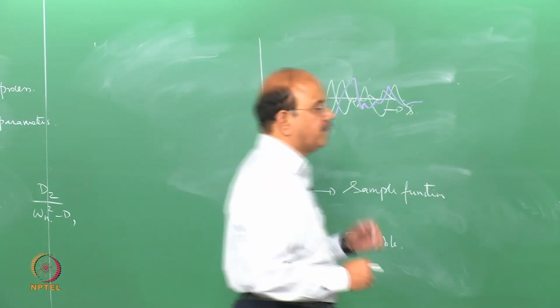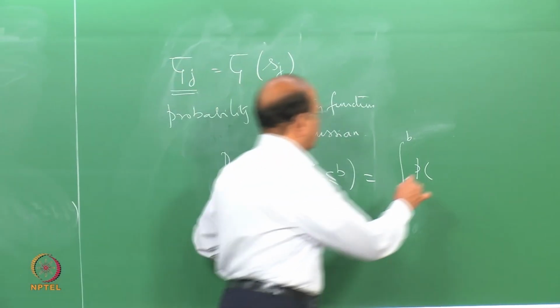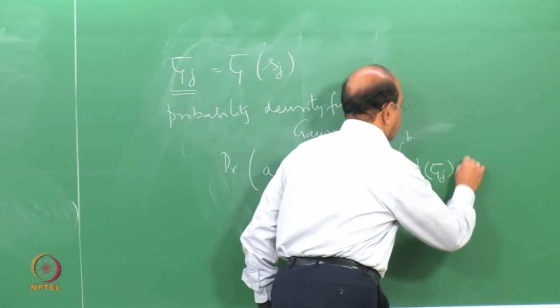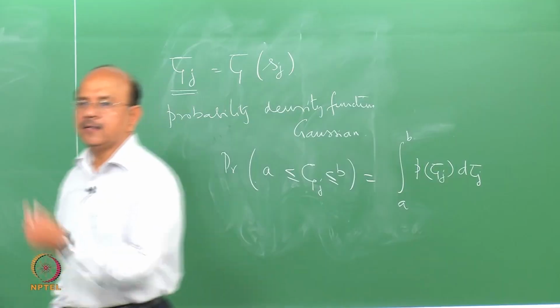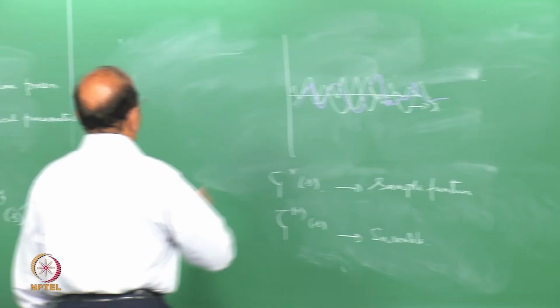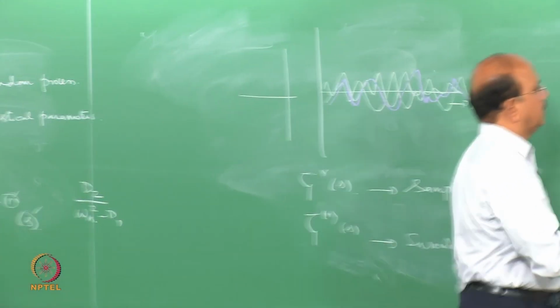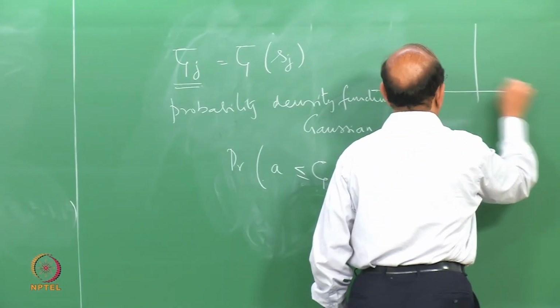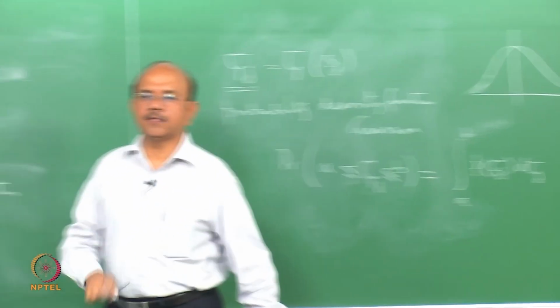It is given by integrating the probability density function in that range, and finding the area between A and B. So I can plot the probability density function, for example as a normal or Gaussian distribution.